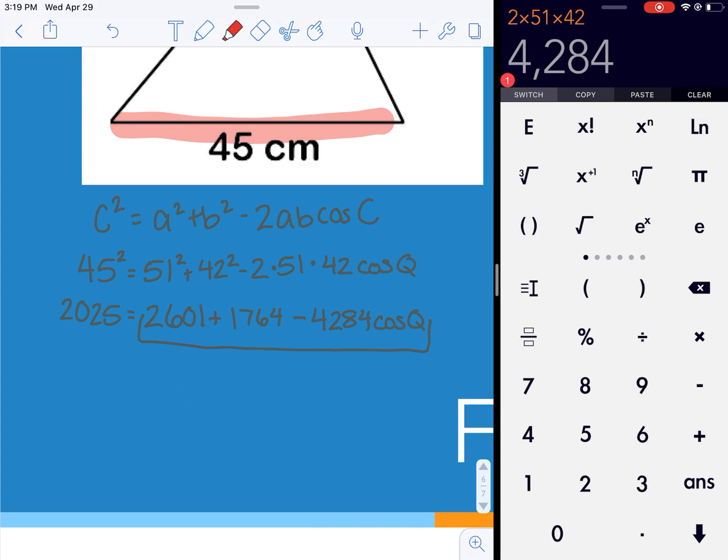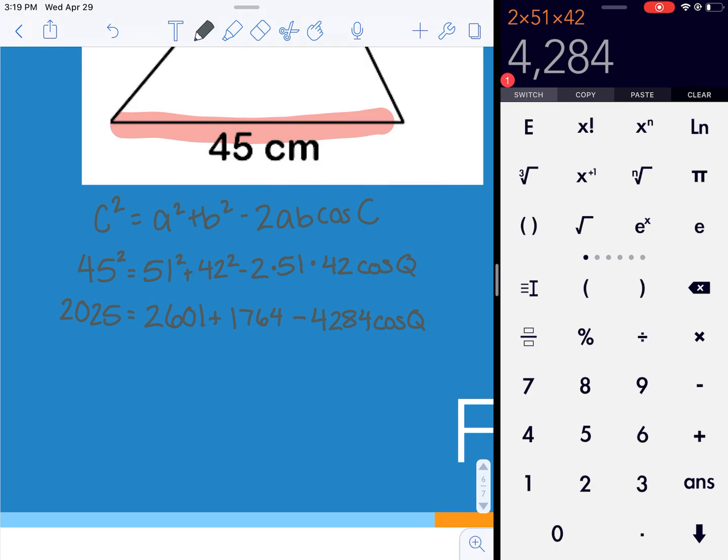But that doesn't work because this has a variable, cosine of Q, and these two don't. So they are not like terms. So I can combine my like terms by adding these, but I can't add this piece on.